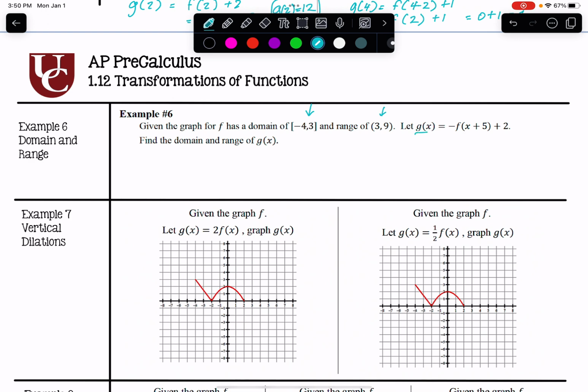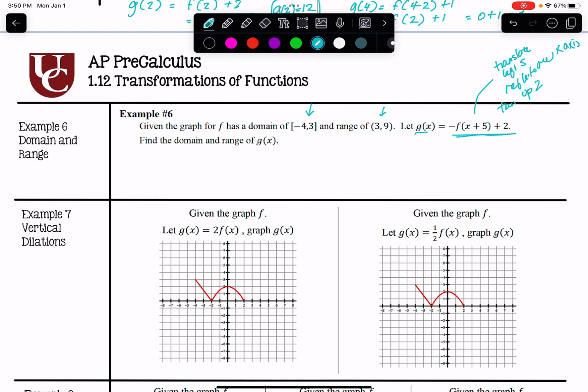And then they say, okay, here's a new function, g of x, which has some transformations going on, which means this would be translated plus 5, so left 5, reflected over the x-axis, and then translated up 2.